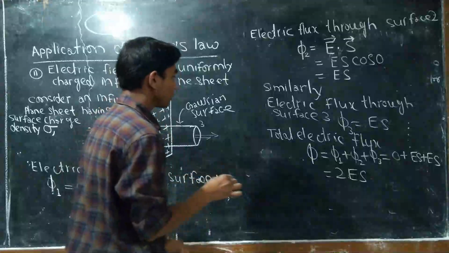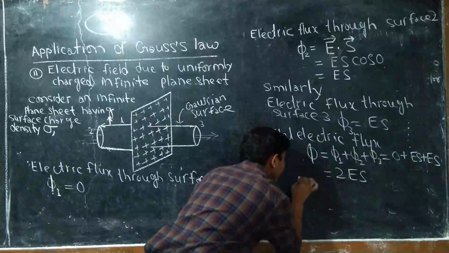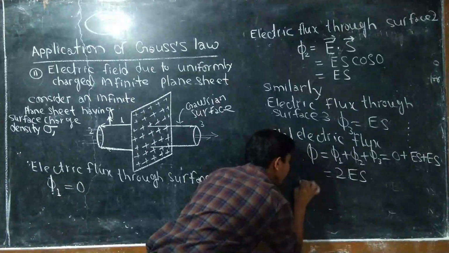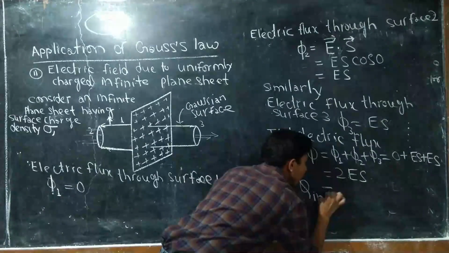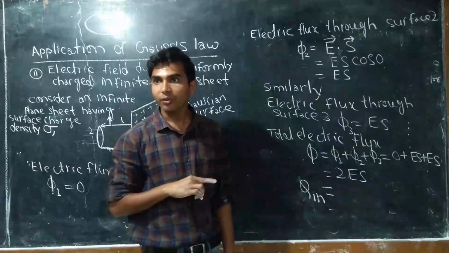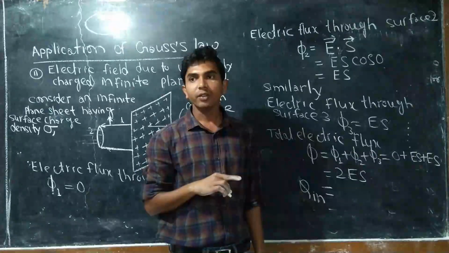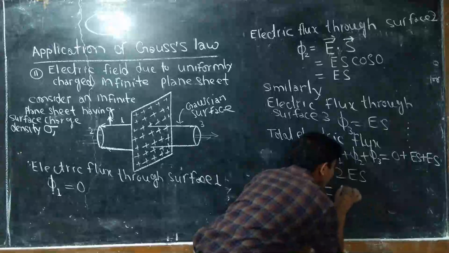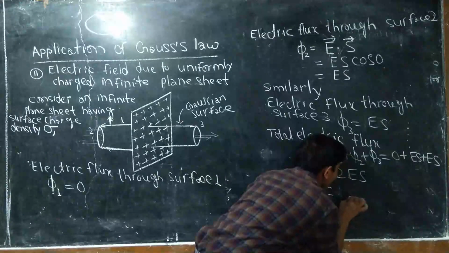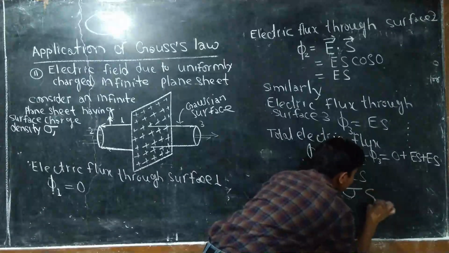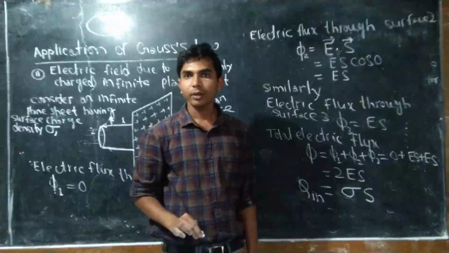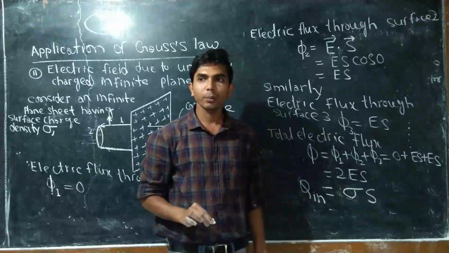So we can write here Q in. Q in is the total charge inside the Gaussian surface. And that charge is how much? Sigma into S. Where is this coming from?